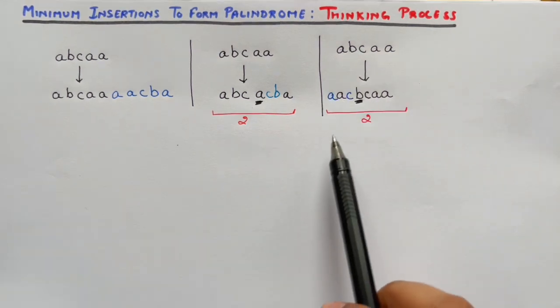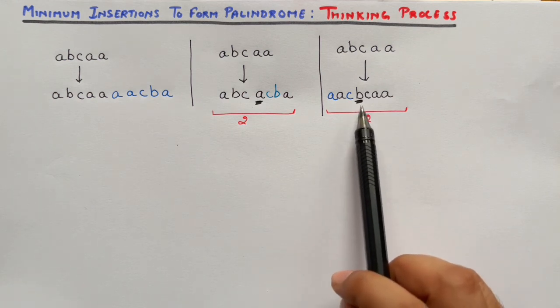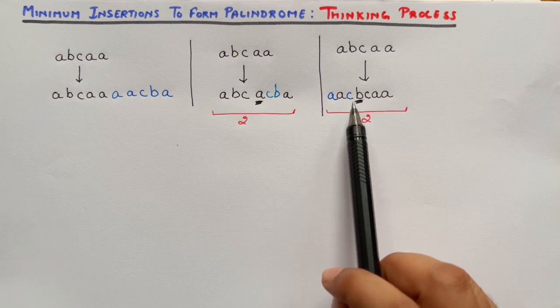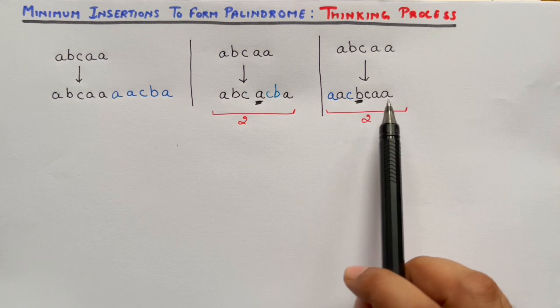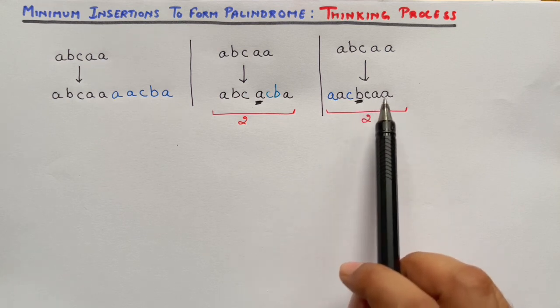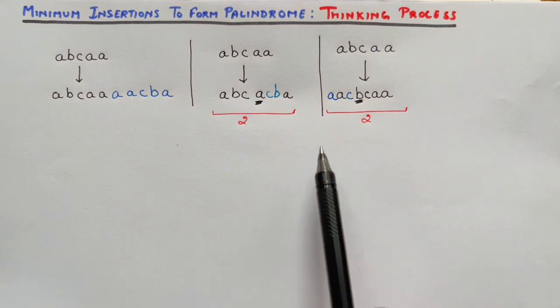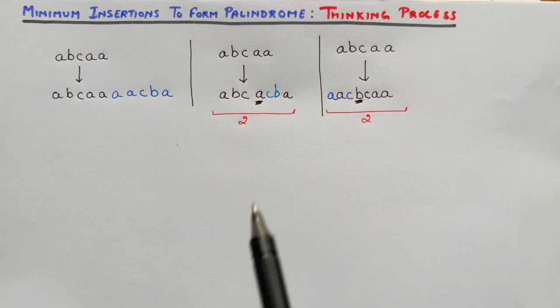So we again just copy the remaining characters of original string, and as per this middle point of the palindrome ABA, we add 2 more characters to the left as they were present in the right. The C and A were present in the right, so we added 2 new characters C and A. And now this has become a palindrome. So our answer is again 2.